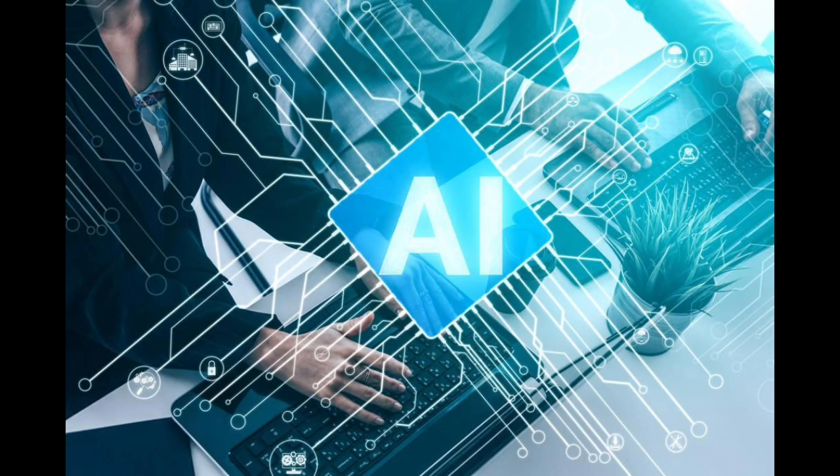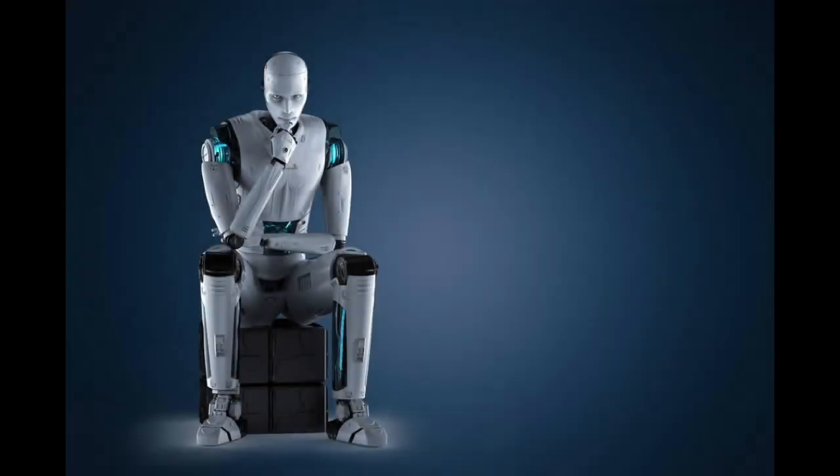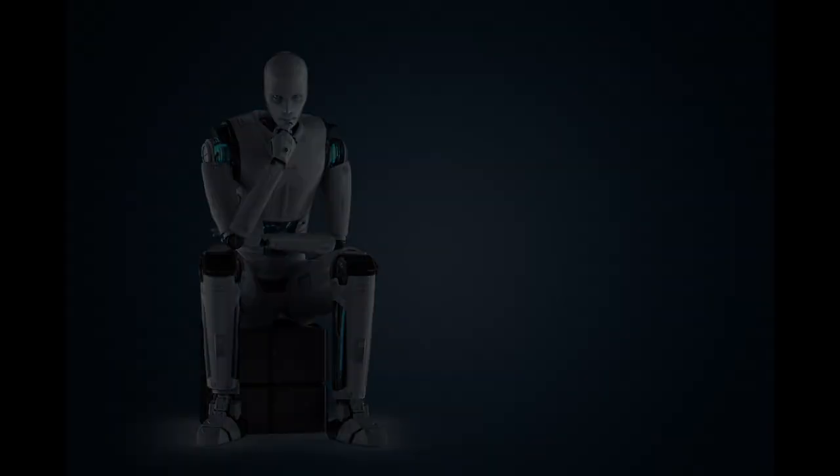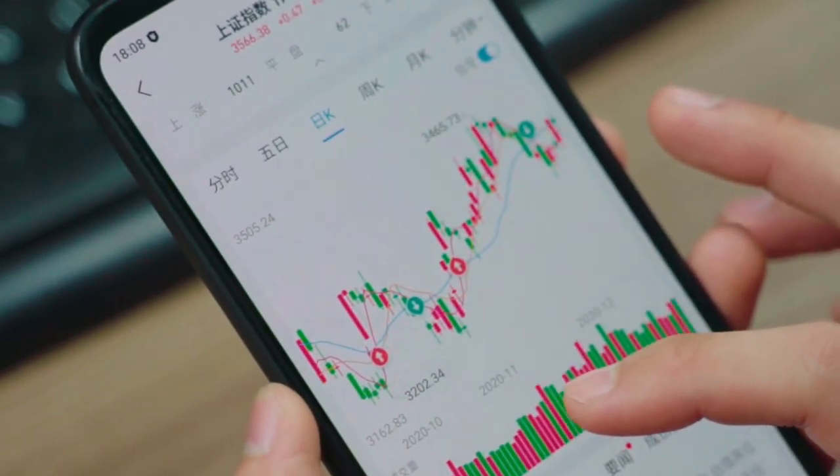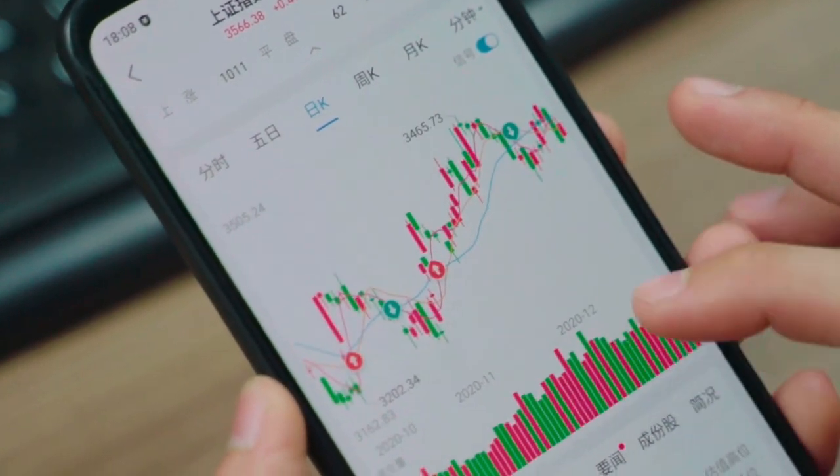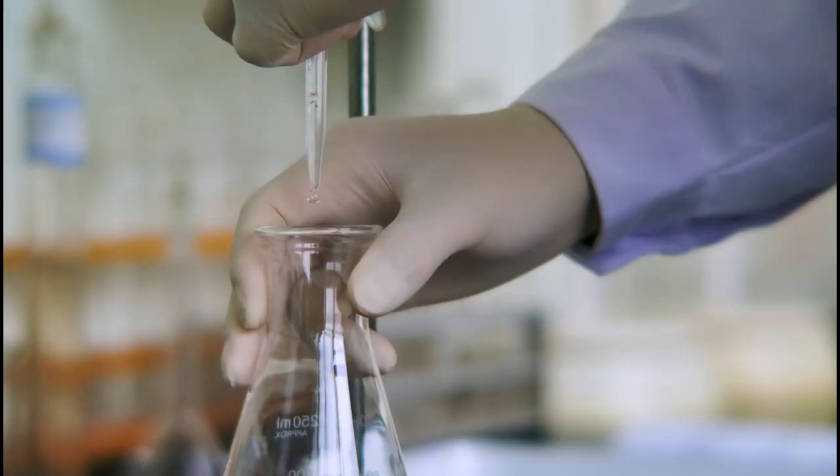And lastly, artificial intelligence. Artificial intelligence, or AI, is transforming our society. Its market value is growing exponentially as it finds uses in finance, justice, transportation, and even in healthcare. Chemistry is no exception.